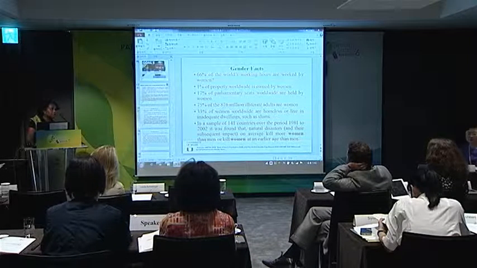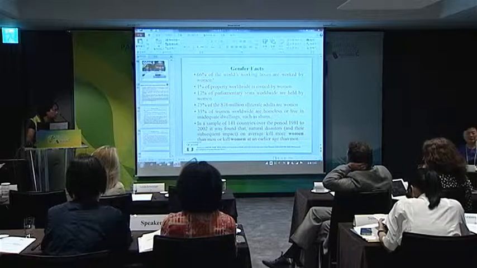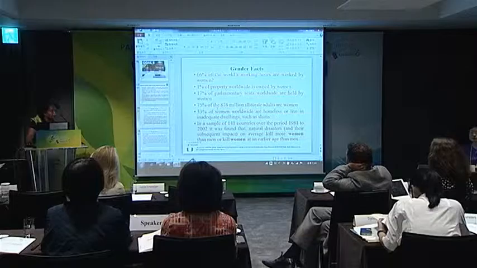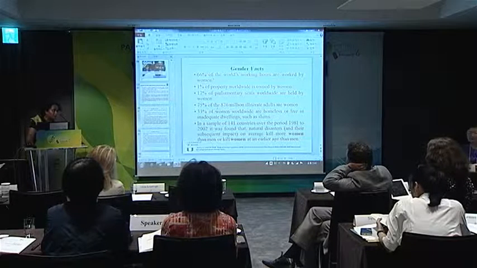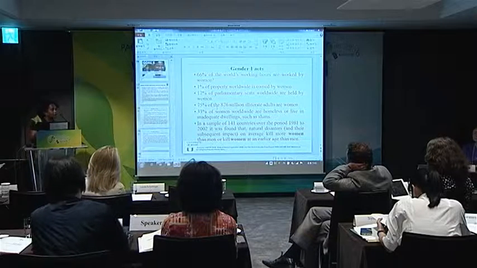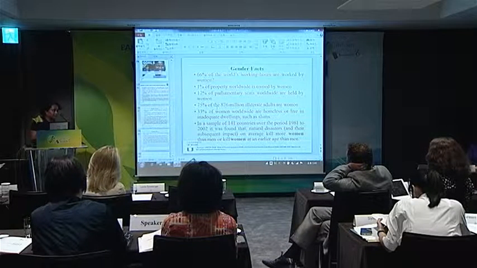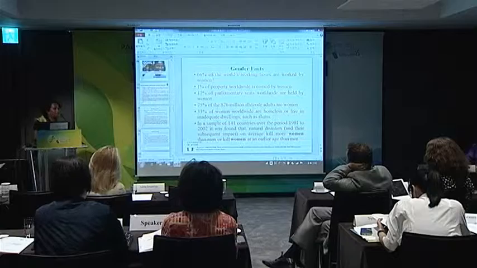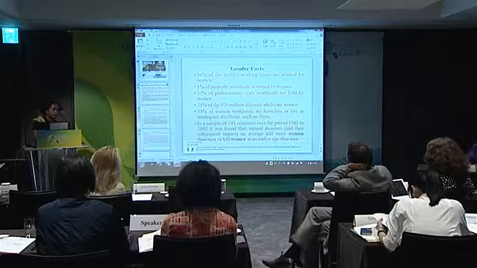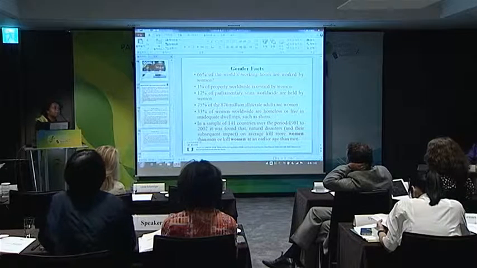So basically, the point is that there is a greater proportion of women living in poverty, under poor conditions. So that's why they are more vulnerable to climate change. So it again reinforces my hypothesis, that climate change is not gender neutral. And in the global south, there is a greater proportion of women living in poverty, so they are positively correlated.